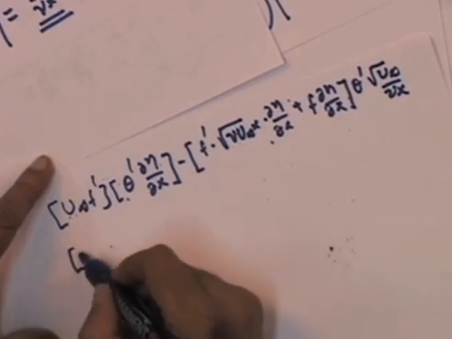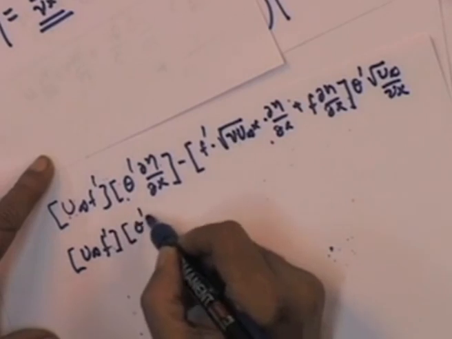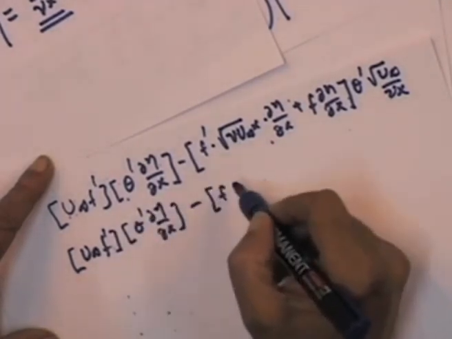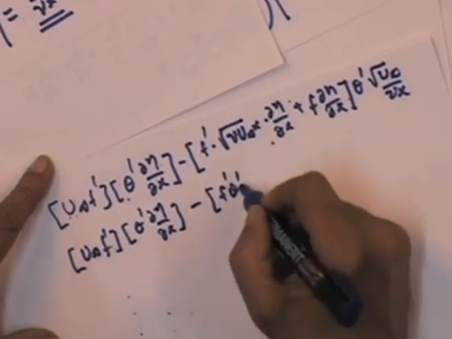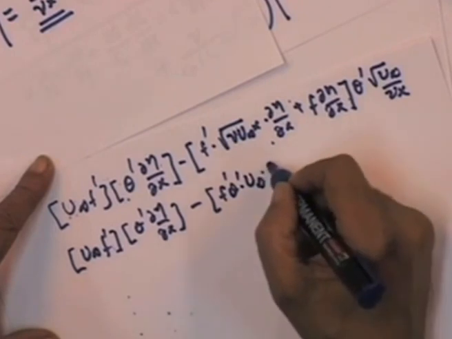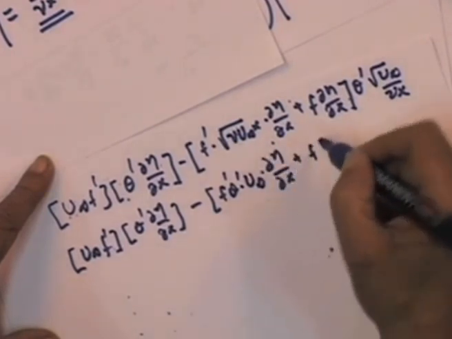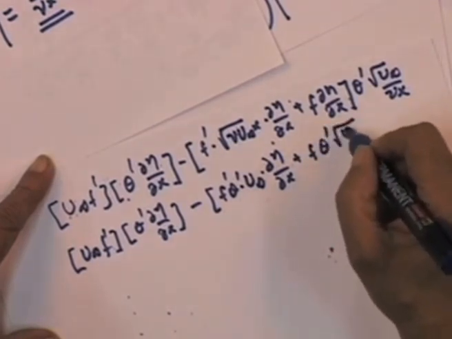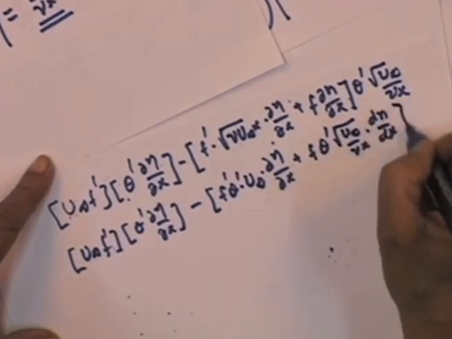And therefore, you will see this becomes u infinity f dash into theta dash d eta by dx minus f dash into theta dash u infinity d eta by dx plus f theta prime under root u infinity by nu x dn by dx.